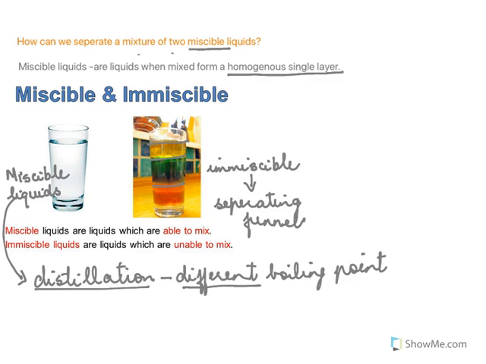Let us take an example of miscible liquids like acetone plus water. If we heat this mixture, the acetone will start boiling at 56 degrees Celsius while water boils at 100 degrees Celsius.